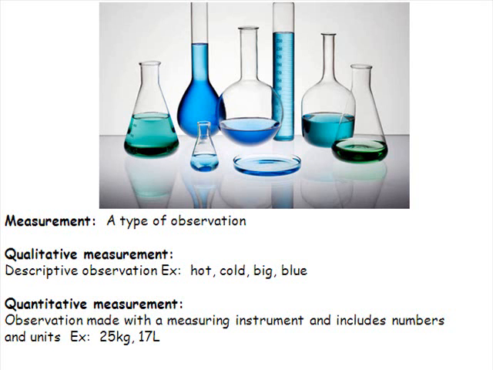On the other hand, if you say there is a wavelength of 357 nanometers coming from the sky and the temperature is a cold 3 degrees Celsius, what you're offering there are quantitative measurements, or numbers associated with the observation. And both of those types of measurements do get used in all sciences and have value.